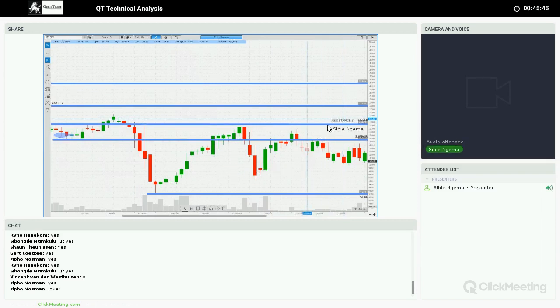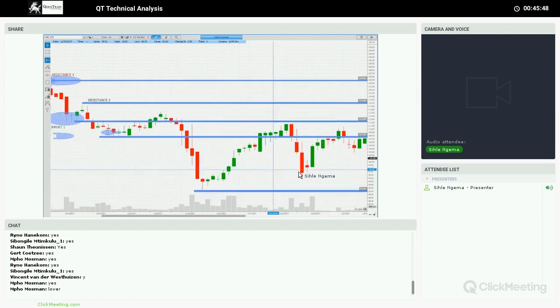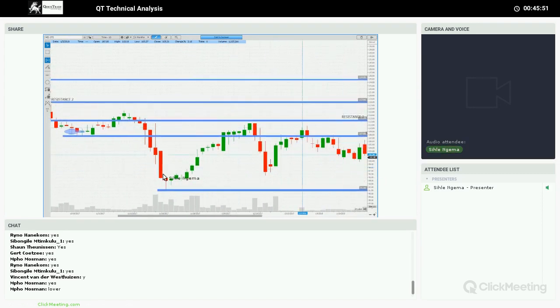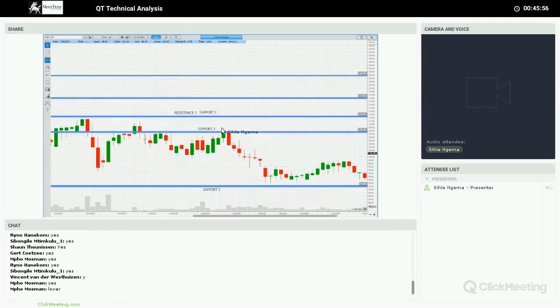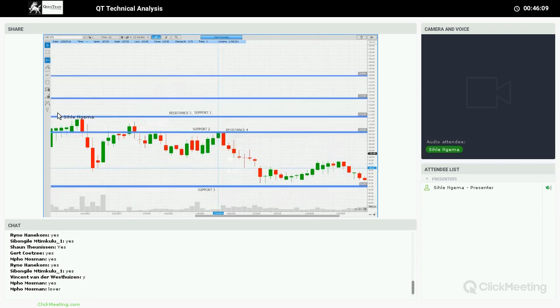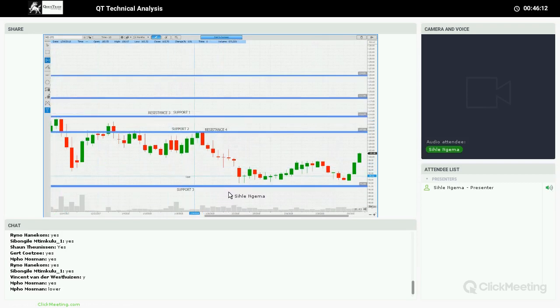That means that if this is resistance 3, this support 2 is supposed to be our other resistance 4. So this one is resistance 4, and we have our other resistance at the bottom being resistance 5.